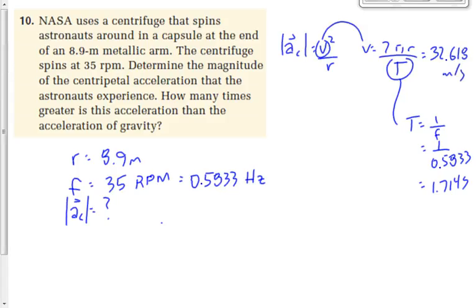It doesn't seem like that fast. You guys go that fast on the highway all the time. But for perspective, this room is about 9 meters wide, from the front to the back, so about that 8.9 meters. You go 32 meters per second all the time on the highway. But imagine turning in a circle in your car at that speed with a radius the width of this room.